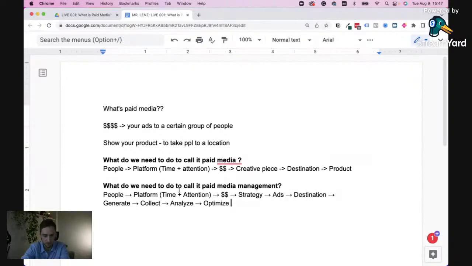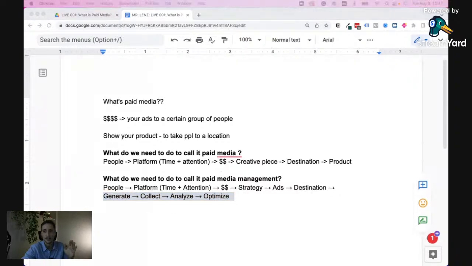Okay? So look at this. It changes because there are these 4 key steps here: generate, collect, analyze, and optimize. And that's the difference between just pressing the promote button or running some random campaigns, not knowing what's going on, not knowing how you can improve, not knowing the important metrics you need to be aware of, and whether they're good or not, what do you need to do?